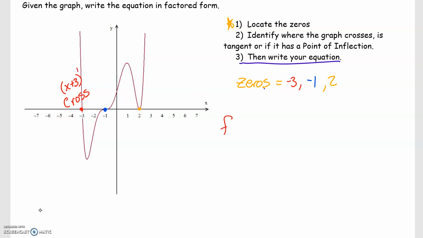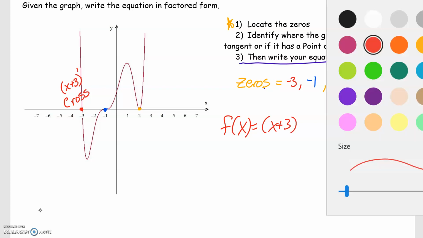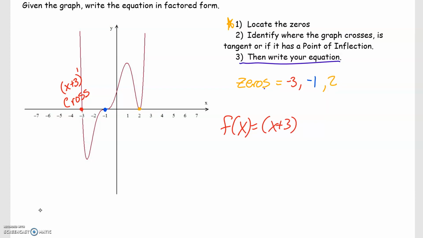Okay, so if I start writing out my equation, which is your third step, it's going to be f of x equals x plus 3. Okay, and that's for the first solution. The second one is where it crosses at -1. That's going to end up being, and it's a point of inflection.